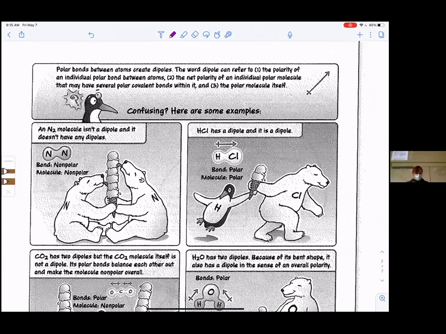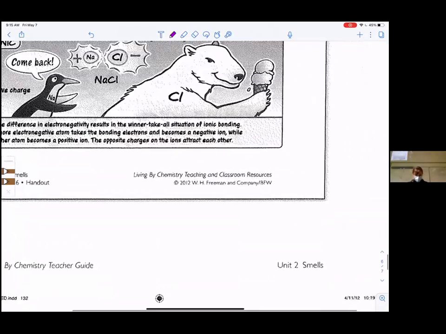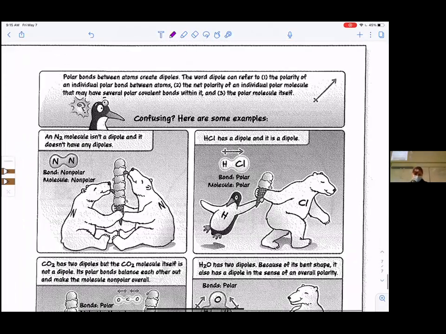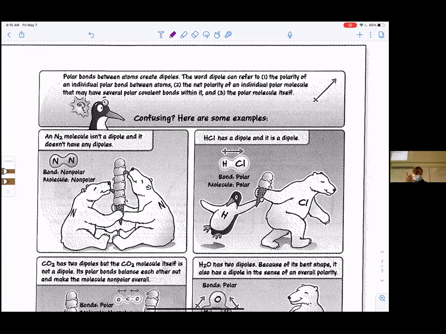There it goes. Okay, so polar bonds between atoms create dipoles, and the word dipole, because we already did that one. A dipole can refer to the polarity of an individual polar bond between atoms, or it can refer to an overall dipole in the molecule, and that depends on having polar bonds and the shape of the molecule.